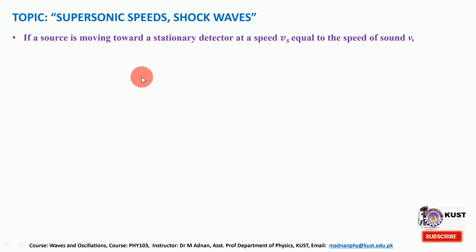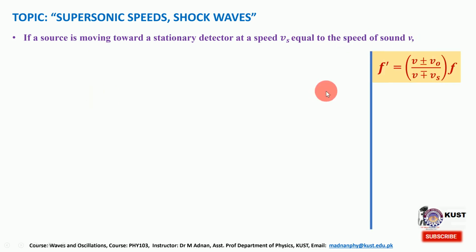So we start with a question that is more or less related to the last lecture, which was about the Doppler effect. Now, if a source is moving towards a stationary detector at a speed Vs equal to the speed of the sound waves. If you remember, we have discussed this equation of the Doppler effect.